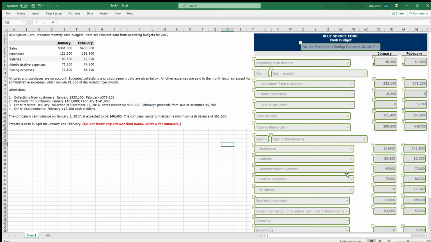For administrative expenses, this one's a little bit different because we have to factor in depreciation. So if we go up here to our operating budgets for 2017 again, we look at administrative expenses, we'll see that it was listed as $71,200 for January.